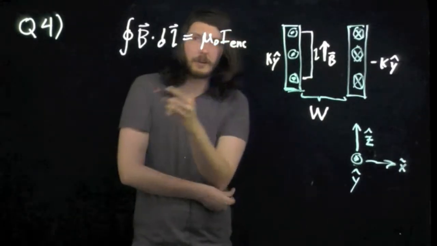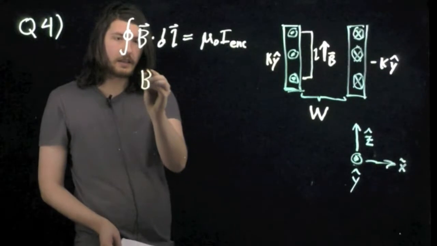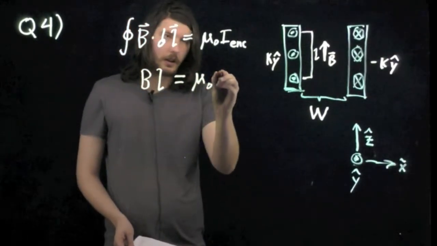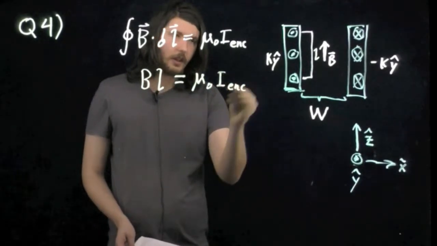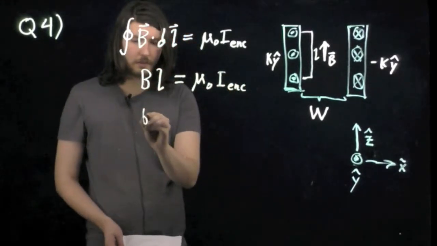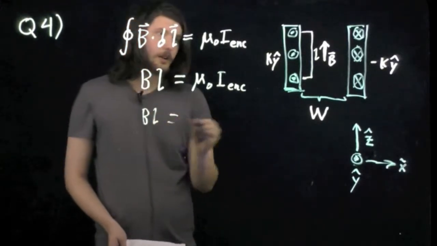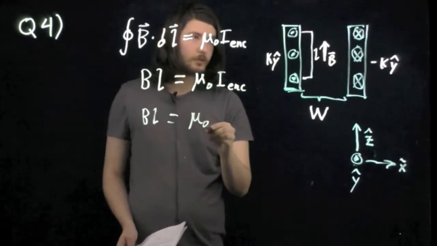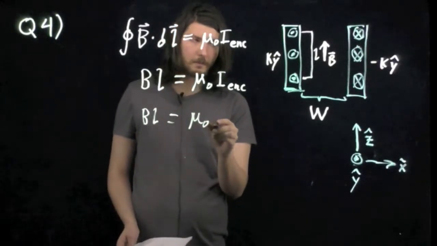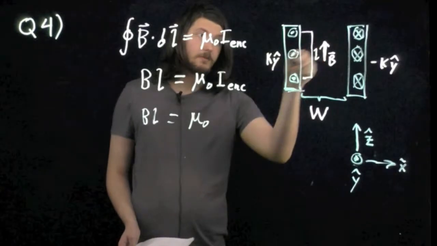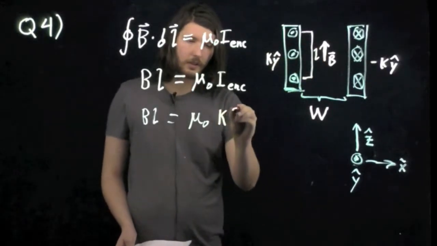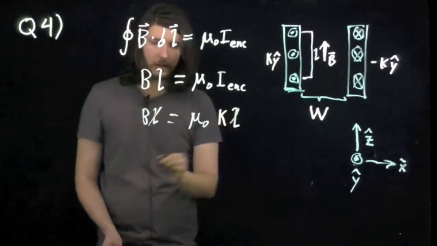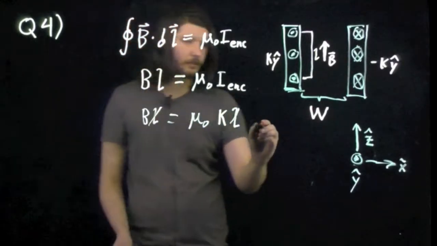You end up with a BL term, which is equal to mu naught I enclosed. And what is I enclosed in this case? I enclosed should just be the surface current K times L. So you end up with KL, and the L's cancel right here.